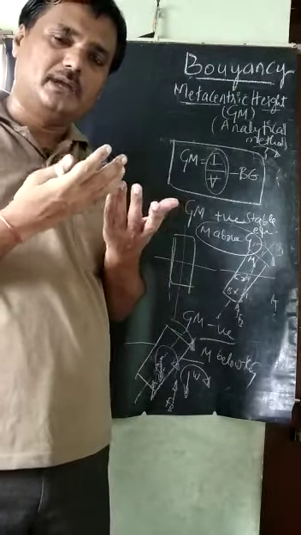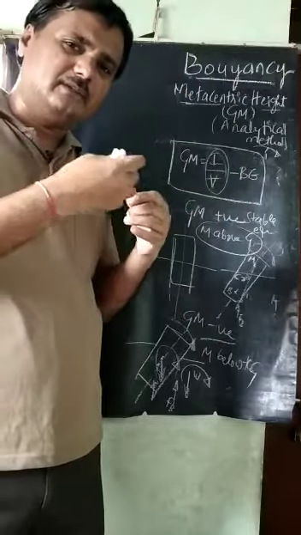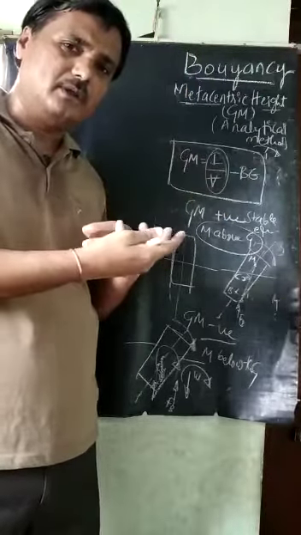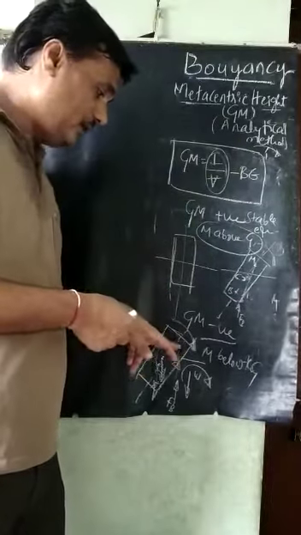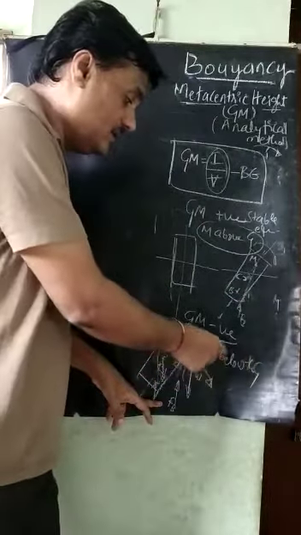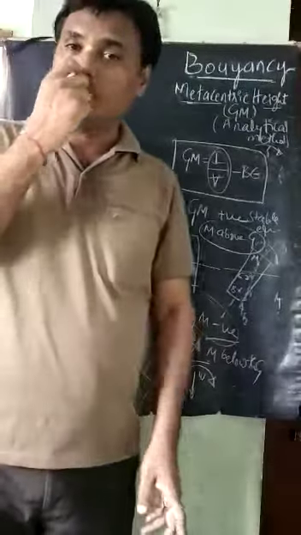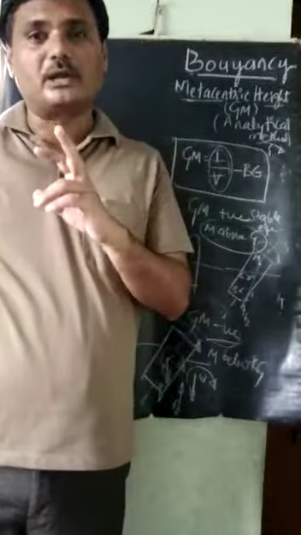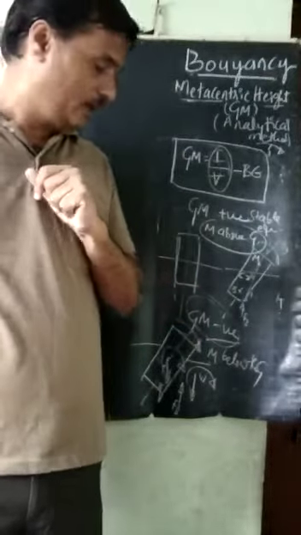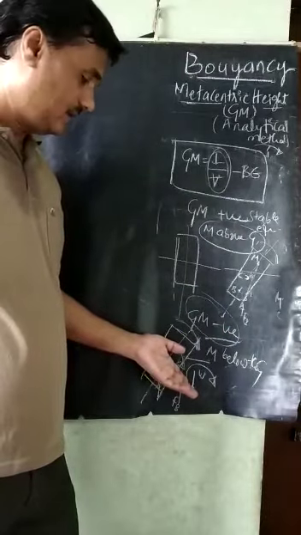It will start submerging, it will start to sink, it will go down. So when M comes below the G, mathematically when the GM value, that is the metacentric height value, becomes negative, it is called the unstable equilibrium condition.